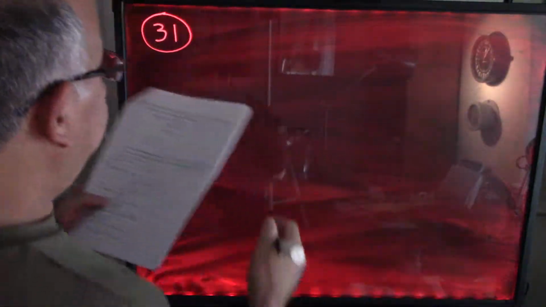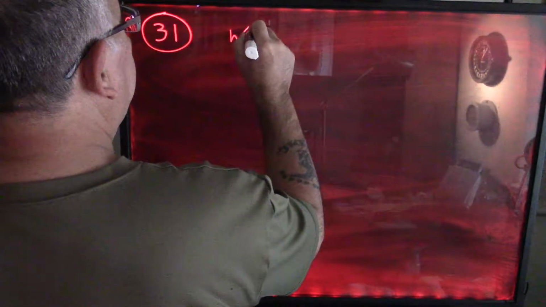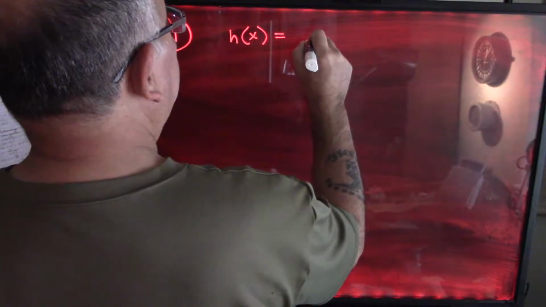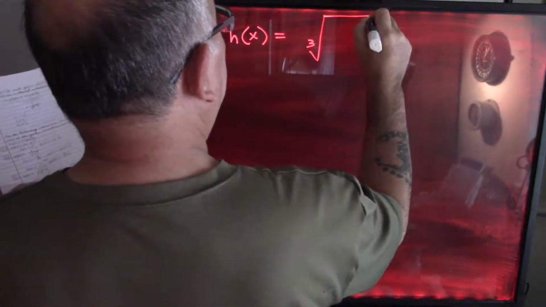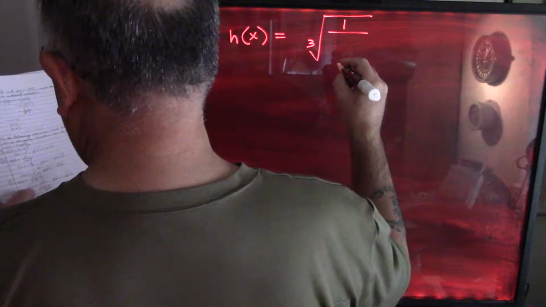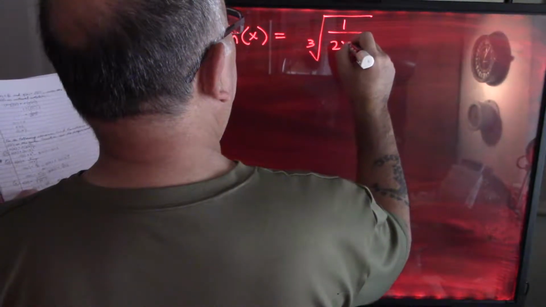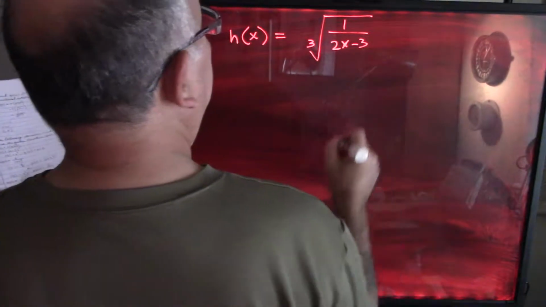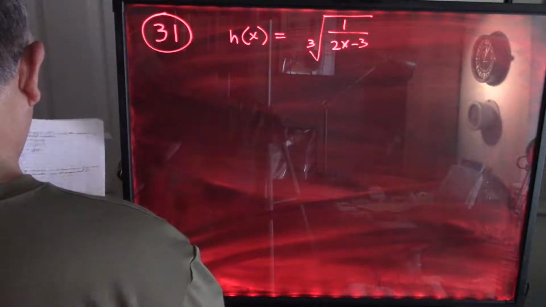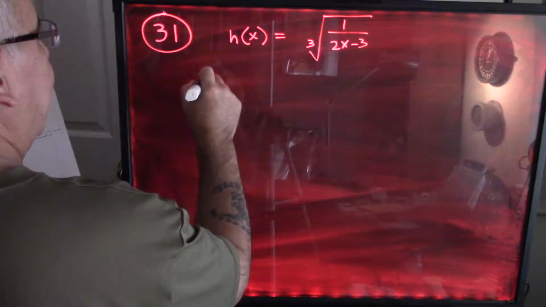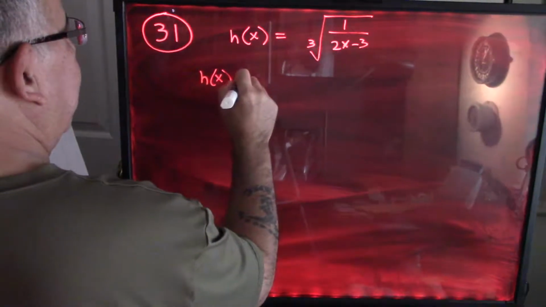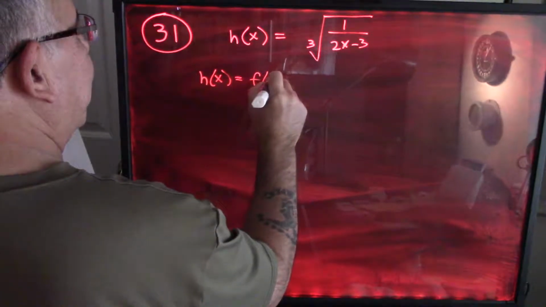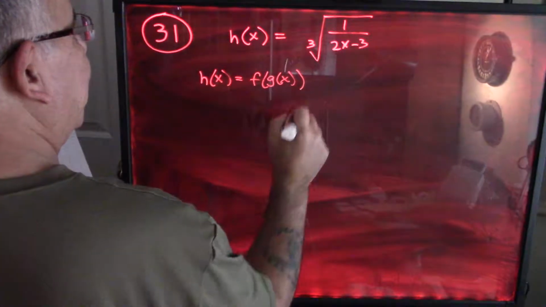Okay, number 31. h of x is the cube root of 1 over 2x minus 3. Okay, so we have to write h of x equal to f composed with g, and we have to supply f and g to make that work.